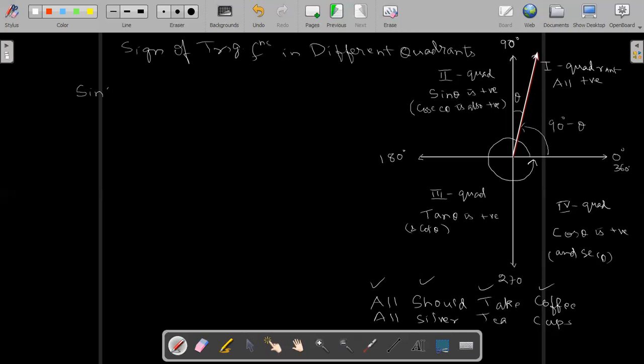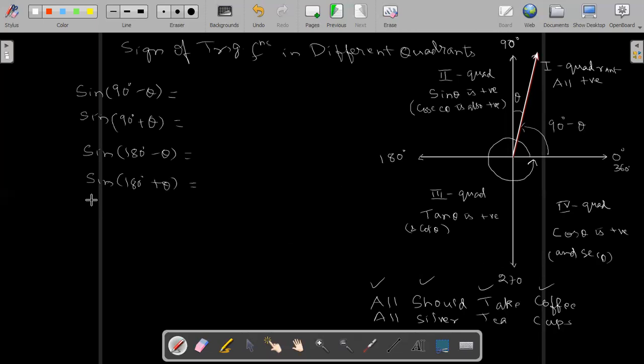Sine 90 degree minus theta lies in the first quadrant. Sine 90 degree plus theta, I am taking degrees for your convenience, but you can write pi by 2 also, is in the second quadrant. Sine 180 minus theta is again the second quadrant. Sine 180 plus theta is the third quadrant, and sine 270 minus theta is again the third quadrant.